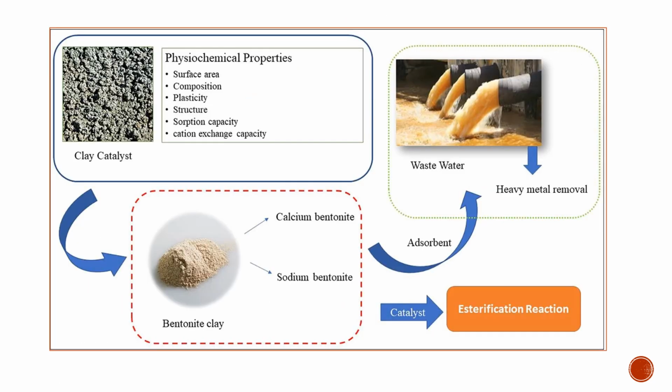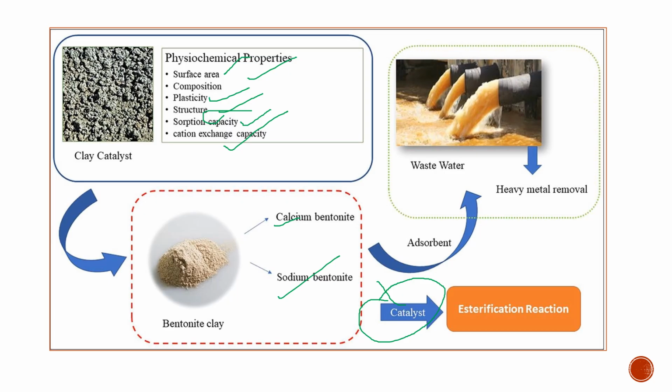So the physicochemical properties of bentonite: it has high surface area, it has plasticity, the structure is a 2 is to 1 clay mineral, it is highly adsorbable, absorption capacity is high, and it has a cation exchange capacity of 70 to 110 milliequivalent per 100 gram. So these are different types of bentonite, calcium bentonite and sodium bentonite. It can be used in the process of esterification as a catalyst.